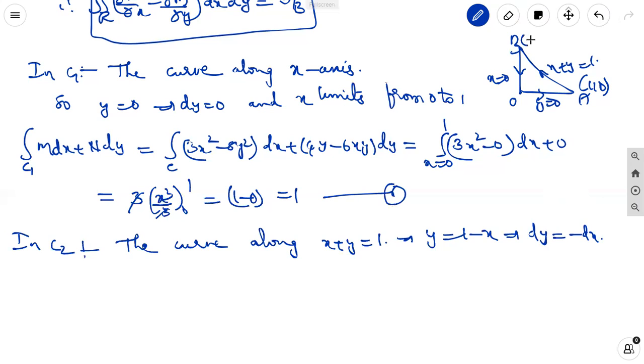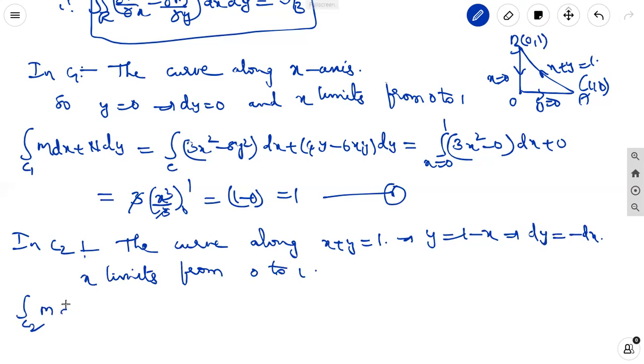Here the values go from 1 to 0, and we reduce to the x variable, so y is written as 1 minus x, with x limits from 0 to 1.